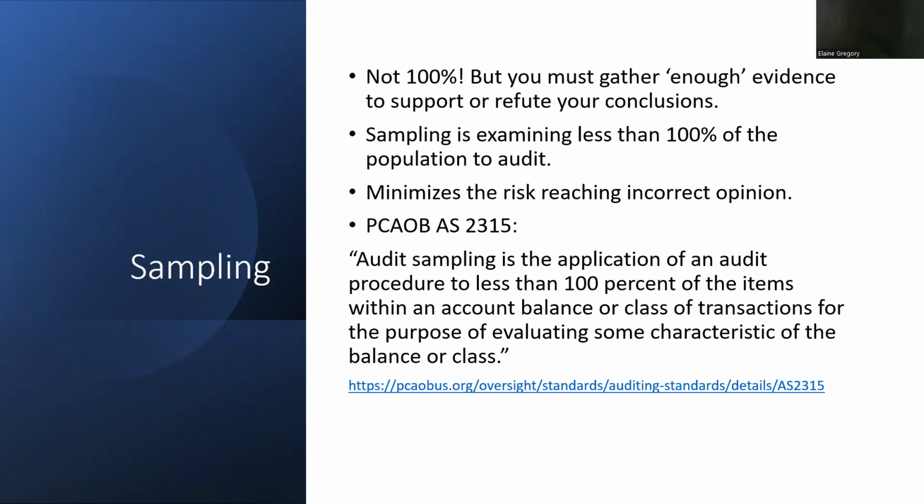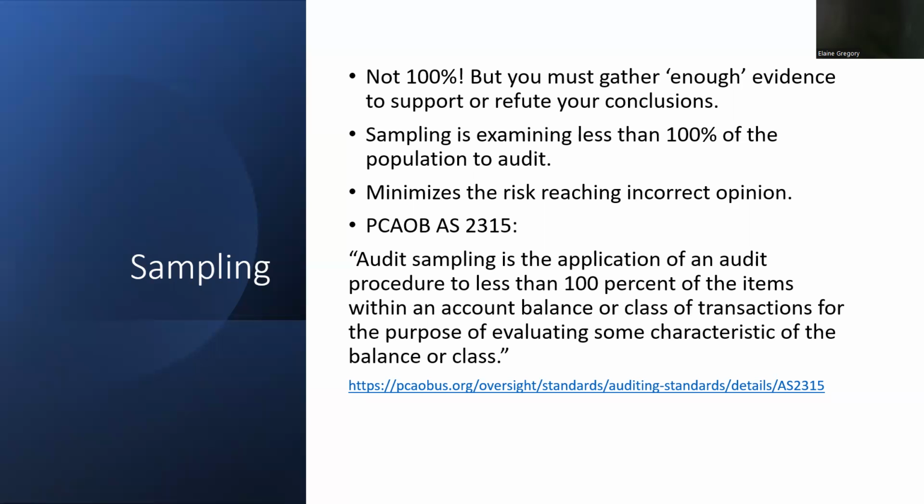So sampling is just examining less than 100% of the total population. Our goal is to sample enough so that we are minimizing the risk of reaching an incorrect opinion.